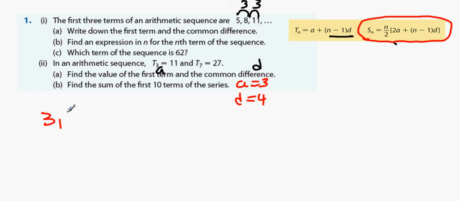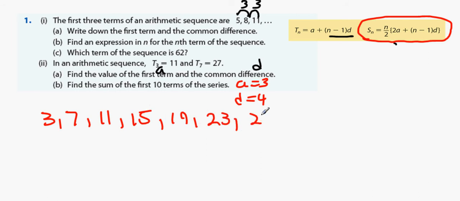So we have 3, 7, 11, 15, 19, 23, 27, 31, 35, and 39. Sn is basically all of these added up together.